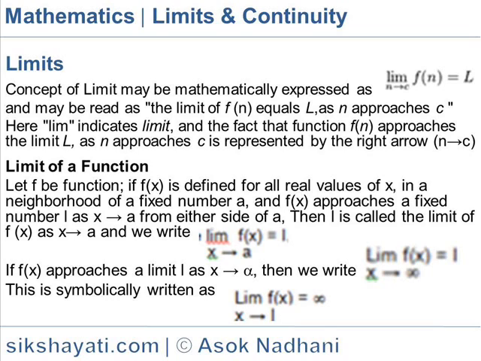Limit of a function. Let f be a function. If f(x) is defined for all values of x in a neighborhood of a fixed number a, and f(x) approaches a fixed number L as x approaches a from either side, then L is the limit of f as x approaches a, and we write limit f(x) is equal to L as x approaches a.